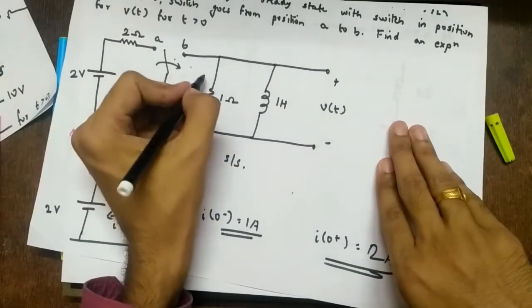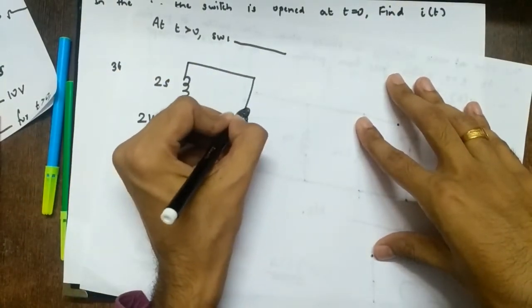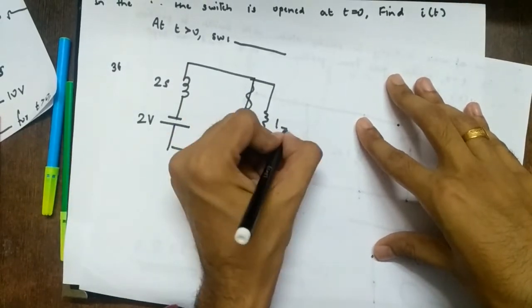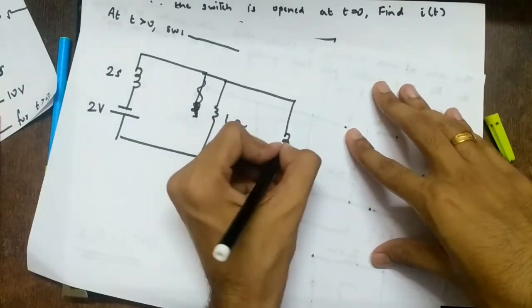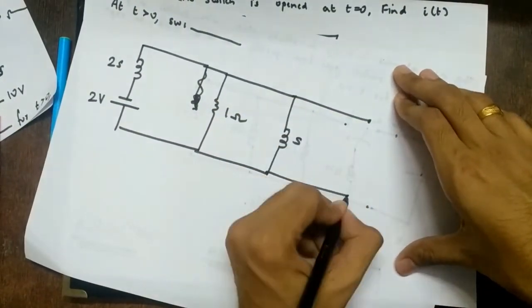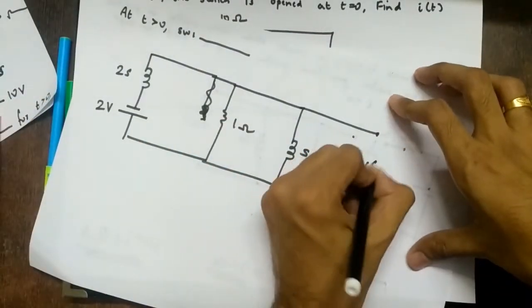Then in parallel we have 1 ohm and 1 Henry, but we are in Laplace domain, so it will be 1 into s, so s. And this is our given voltage, u(t), which becomes V(s).